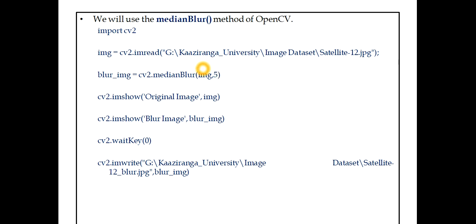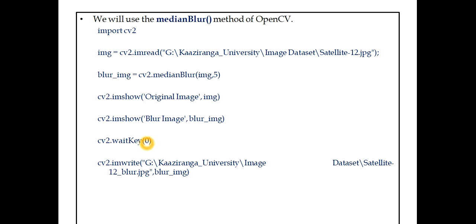Then whenever I implement this line, the original image will be blurred and it will be stored in the blur_image variable. Now I'm going to display the original image with cv2.imshow, then I'm going to display the blur image, and then cv2.waitKey(0). You guys know why I'm using this.